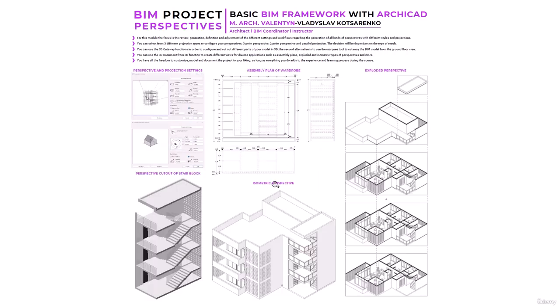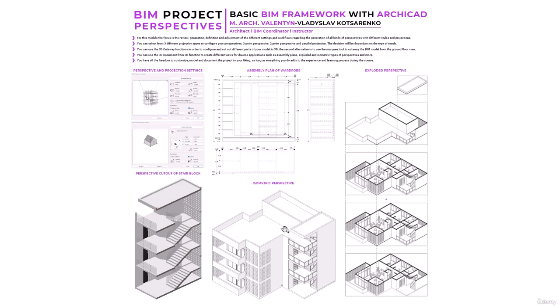Once we are done with working with the sections, we're now gonna start commenting how you can use the different types of projections, how you can use different types of 3D tools to start generating specific types of perspective or perspective cutaways, such as this one, how you can generate and vectorize your 3D models.